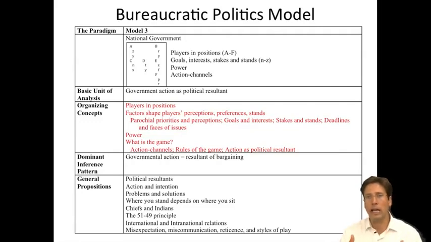So he had parochial interests at stake, which was he wanted to get reelected, and he couldn't fail and seem weak on Cuba again. The military, on the other hand, wanted to reprise the Bay of Pigs and succeed.